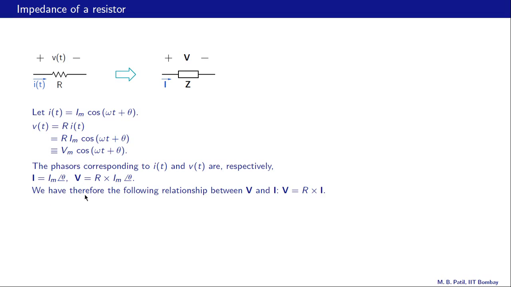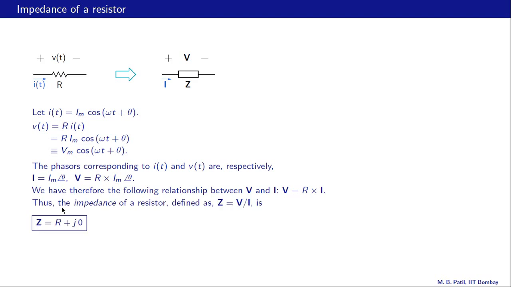We have therefore the following relationship between phasor V and phasor I, that is V is equal to R times I, as simple as that. And we can see that from here, V is R Im angle theta, I is Im angle theta, so therefore V is simply R times I.